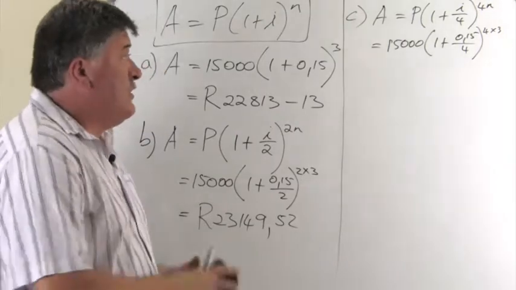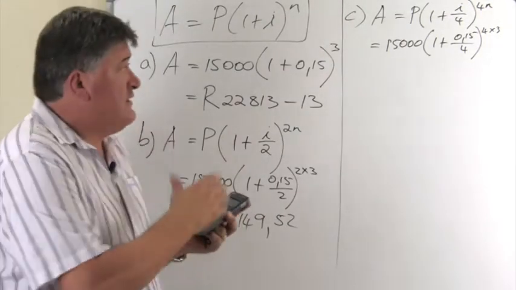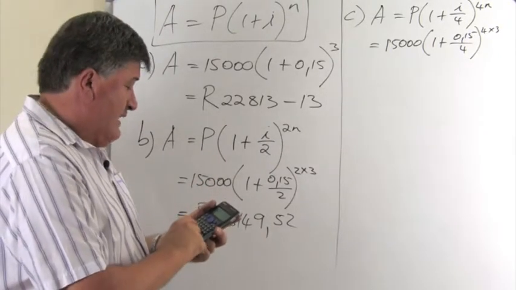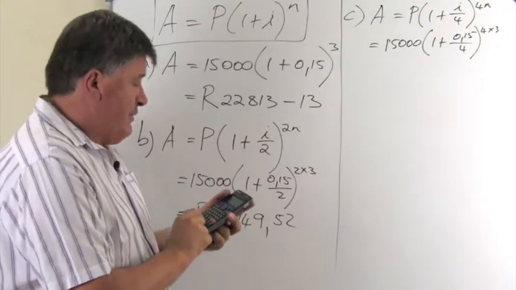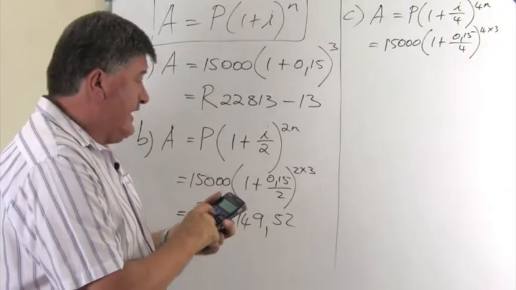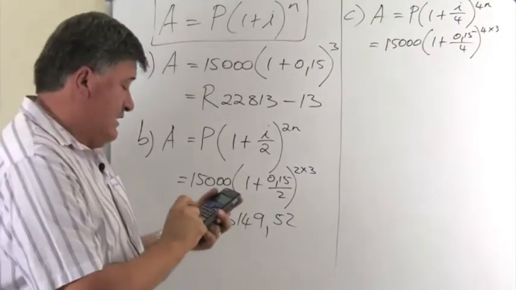Again, we just put that onto our calculator, and you use your fraction button to do that one again. So we say 15,000 Rand. We multiply it with 1 plus, and I open my fraction, 0.15. Now, very important, 4 in your denominator for quarterly.